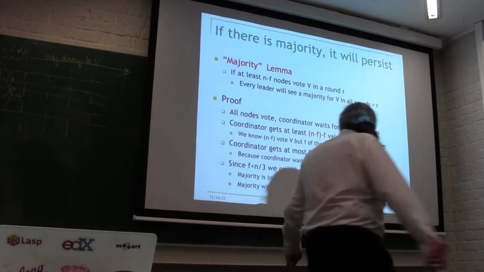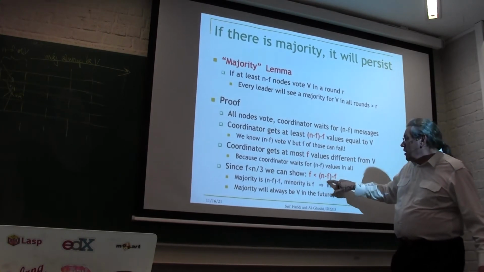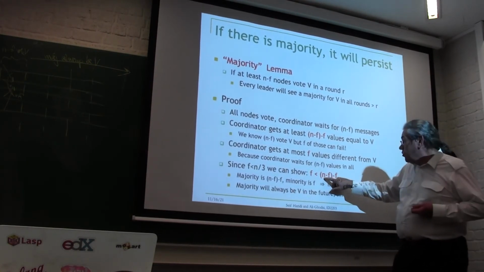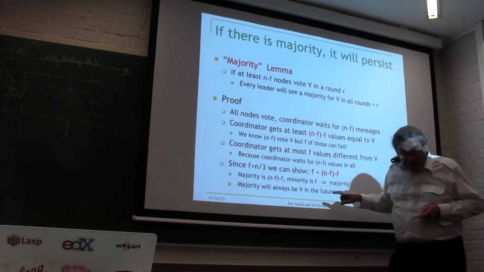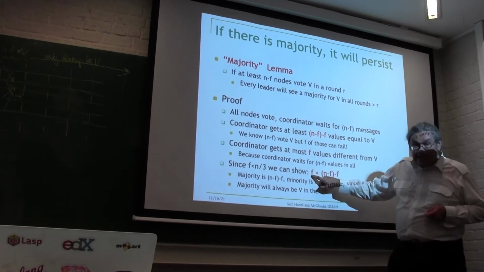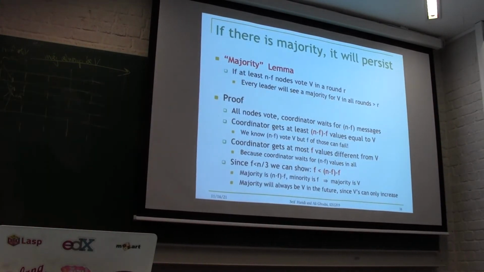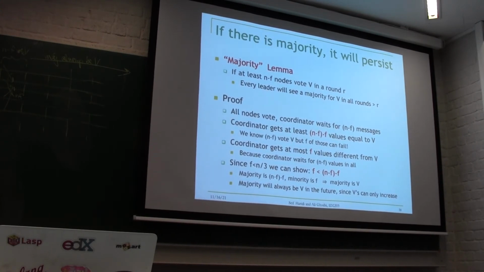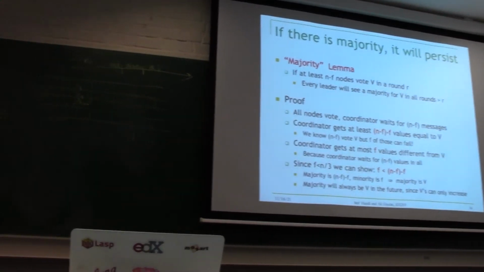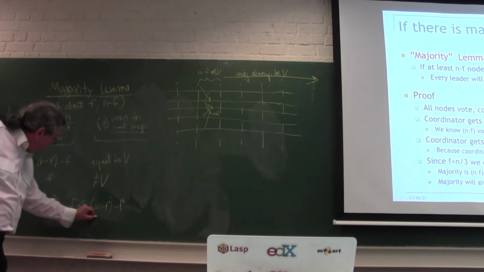Then n minus f will be greater than 2/3, and f is less than a third. Since f is less than n over 3, this implies that f is less than n minus f minus f. You can calculate this.